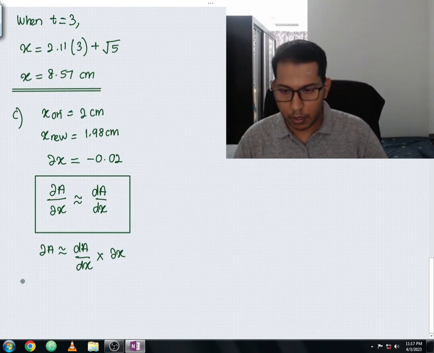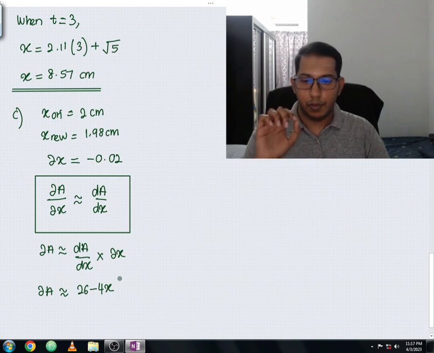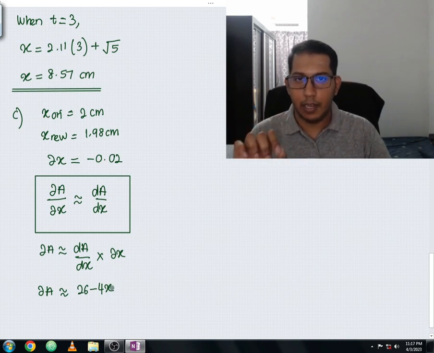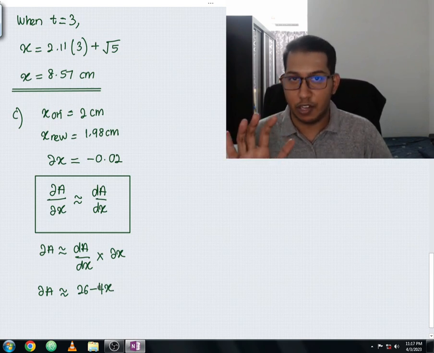So delta A is approximately equal to 26 minus 4x. For the substitution of the x value, you need to be careful. Make sure that you substitute the original value into the equation, not the new value.